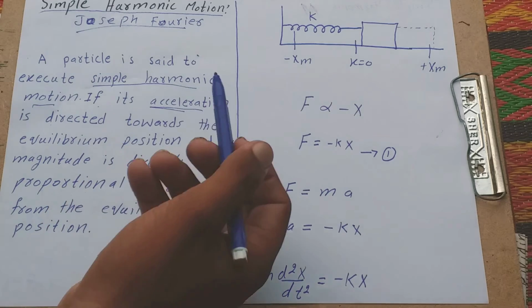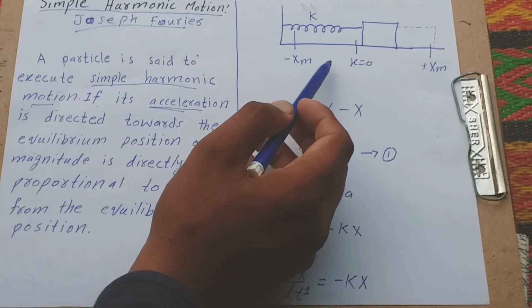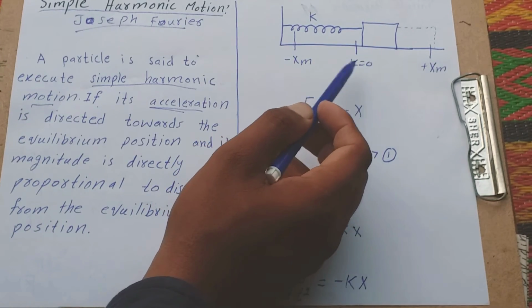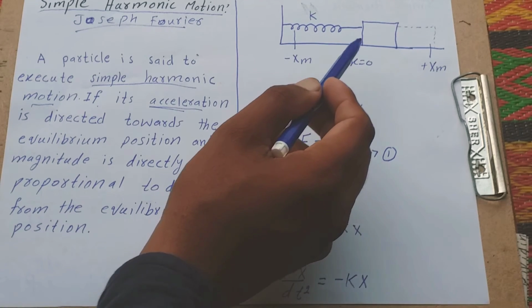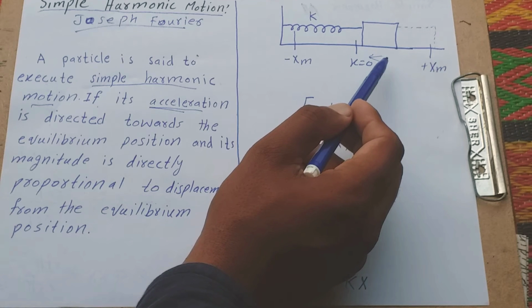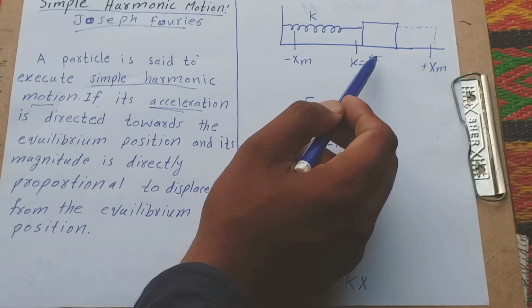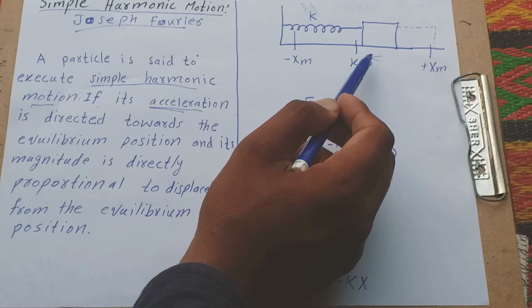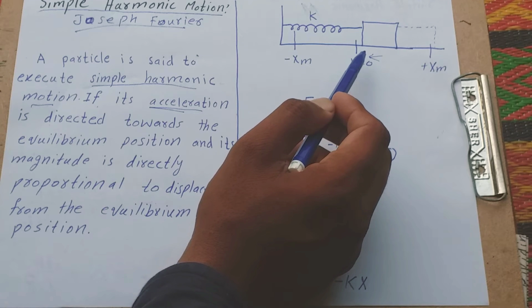For example, in this figure we prove that the acceleration of this block is directly proportional to its displacement from the mean position. Mean position means the rest position of the spring, the equilibrium position.